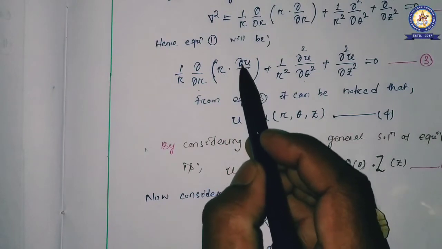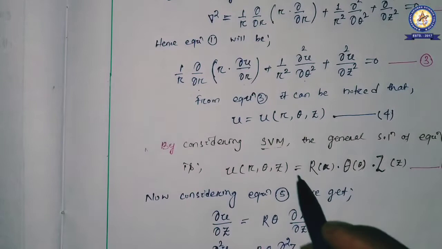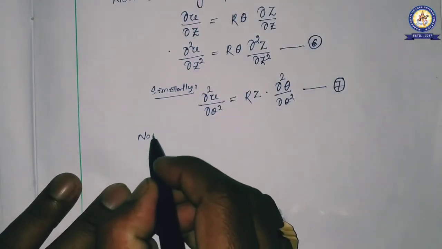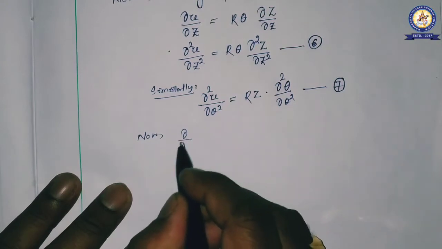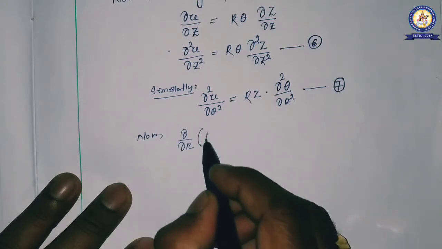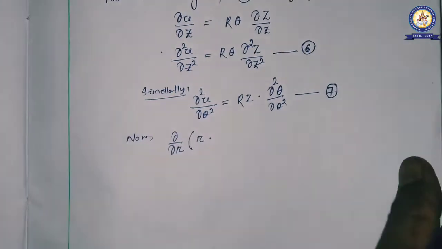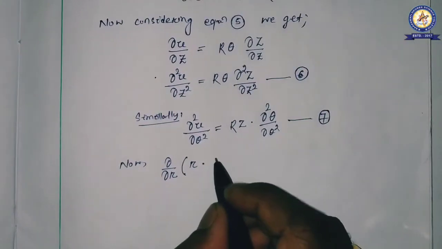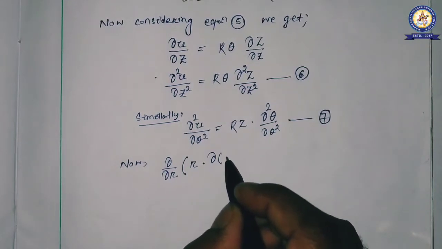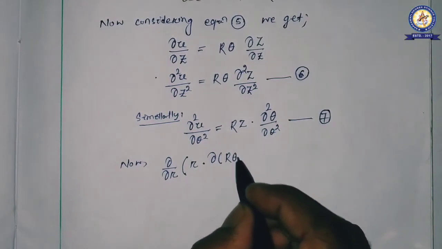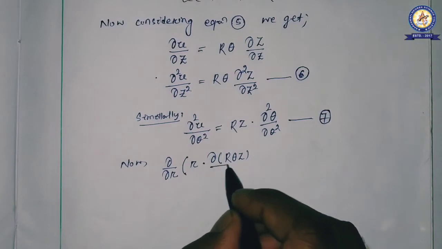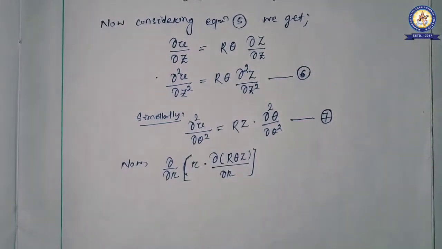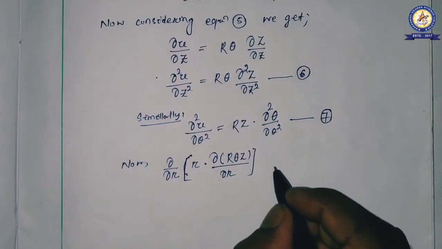So here we have to put this one. So now, del by del r of r into del u by del r. Here small r is there, so I can write del of capital R theta z by del r, which will be equal to how much?